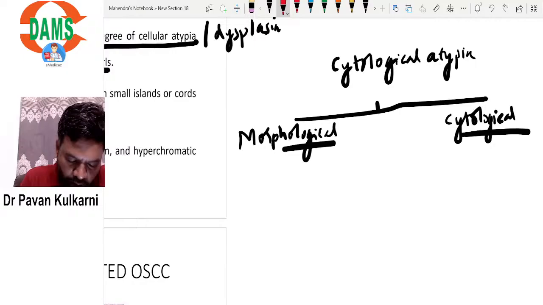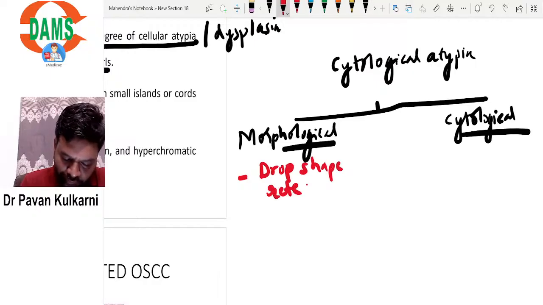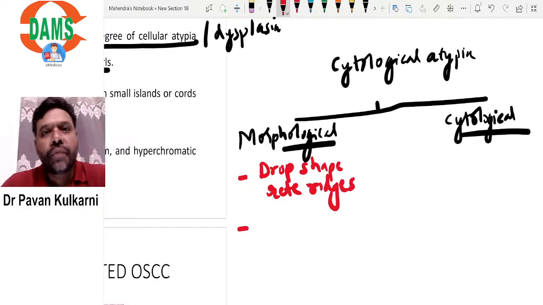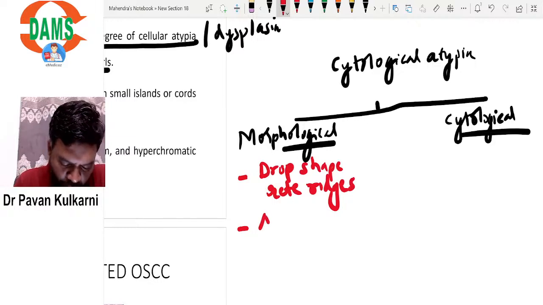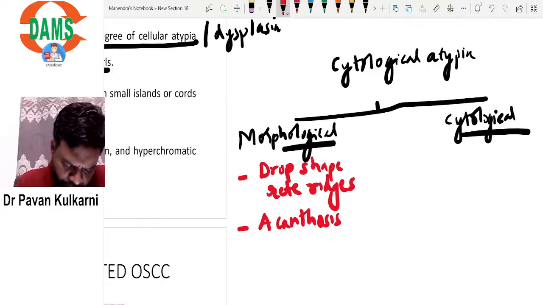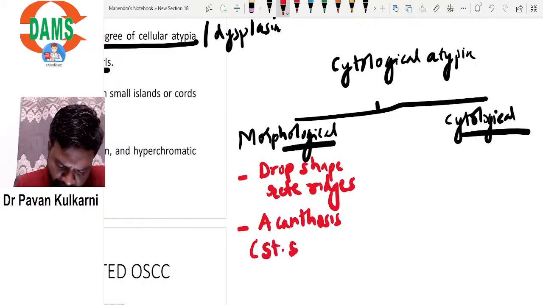Morphological means what? If the rete ridges are drop shaped, that is called a morphological feature of dysplasia. If there is acanthosis, what do you mean by acanthosis? Acanthosis means thickening of the spinous layer. We know the stratum spinosum, right? That stratum spinosum becomes thickened.